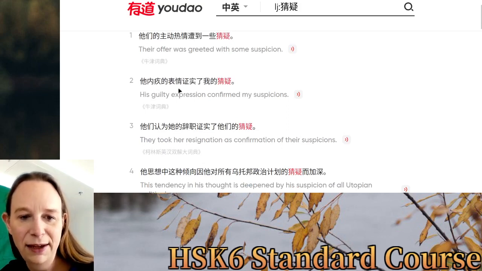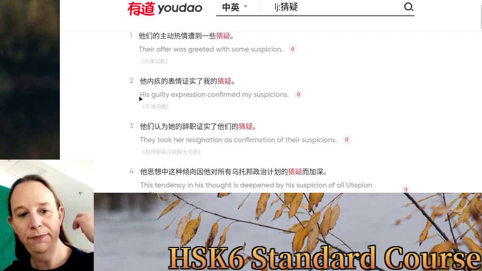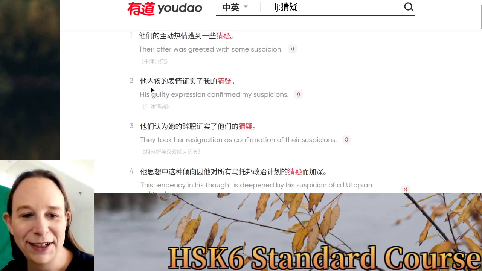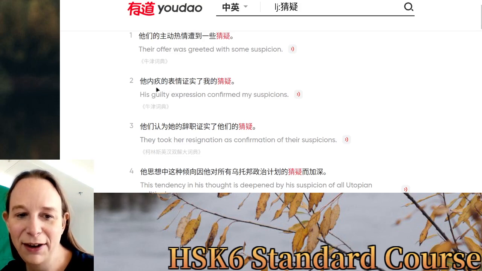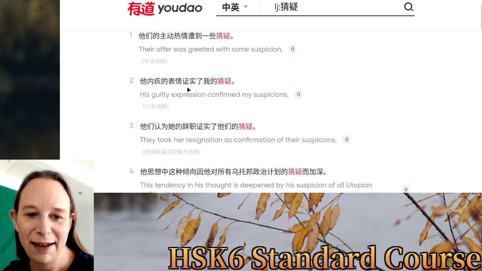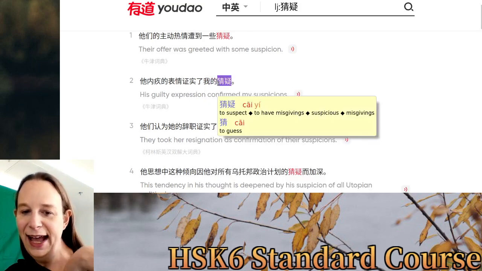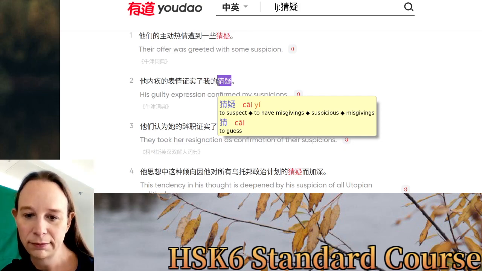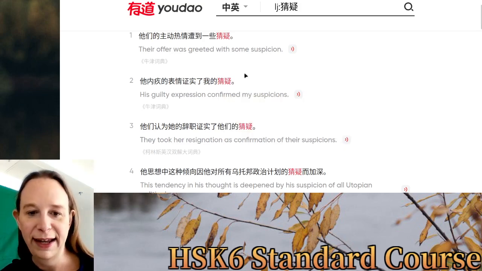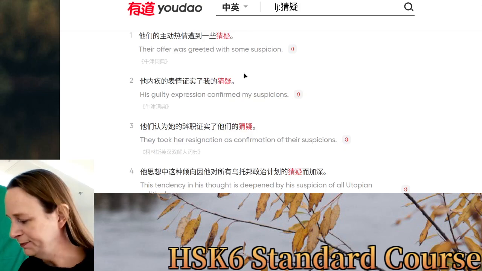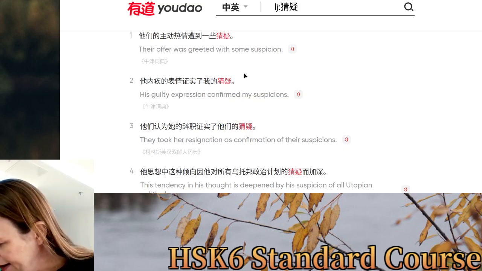他内疚的表情证实了我的猜疑. Yeah, that's a good sentence. The expression of his guilty conscience confirmed my suspicions. Also a verb, okay, also a noun. I'm going to jot that down, verb, noun.